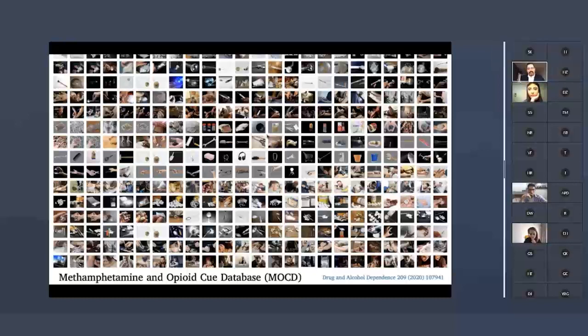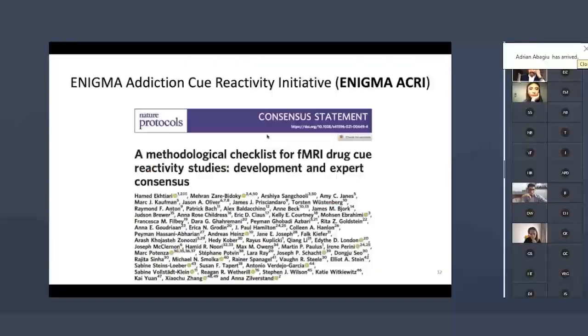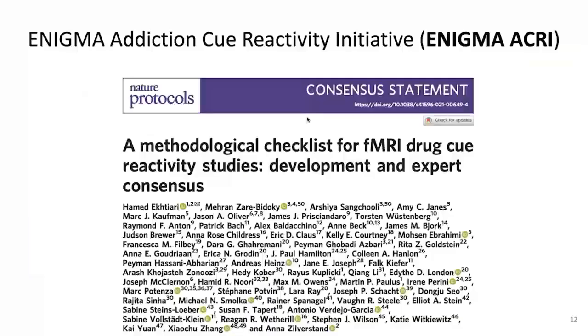We developed a series of cue databases that people can use, and there are already some other databases available. We recently have been able to put together a series of studies trying to see how we can use drug cue reactivity as a paradigm to provide a good contextual background for people who are going to be using brain stimulation interventions.